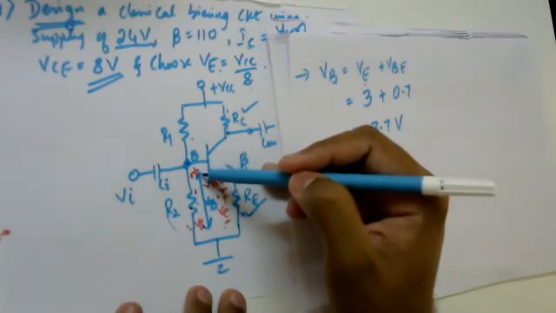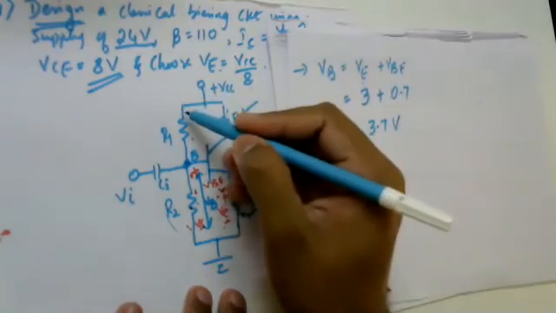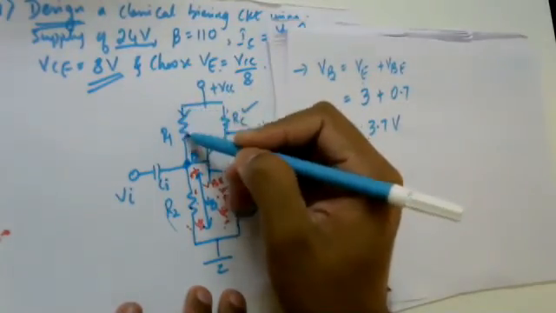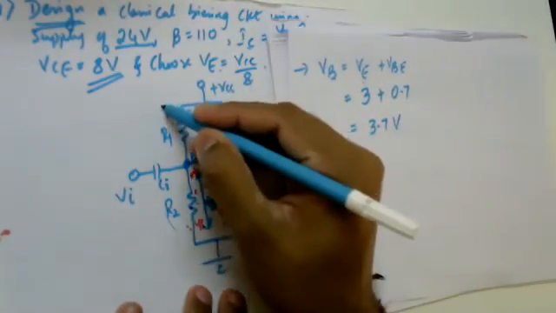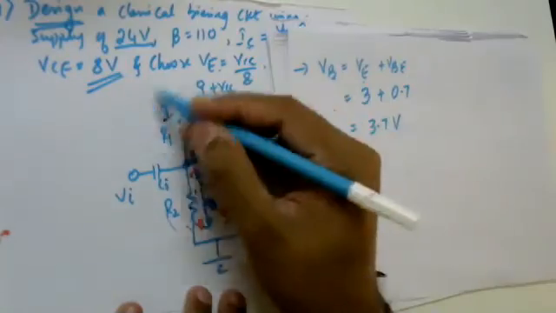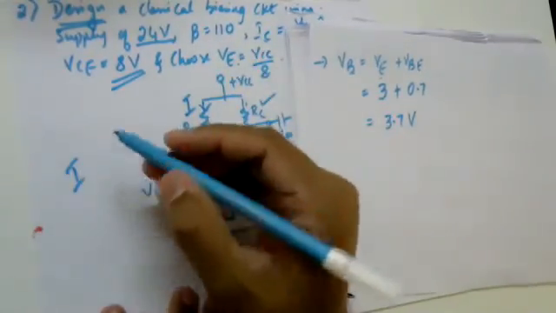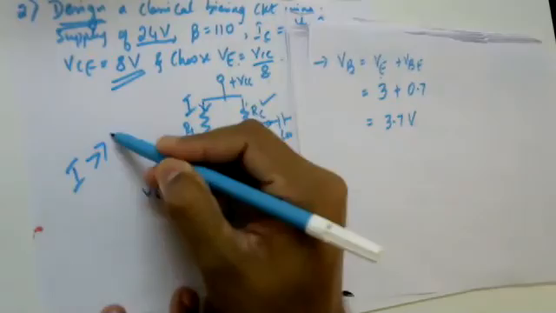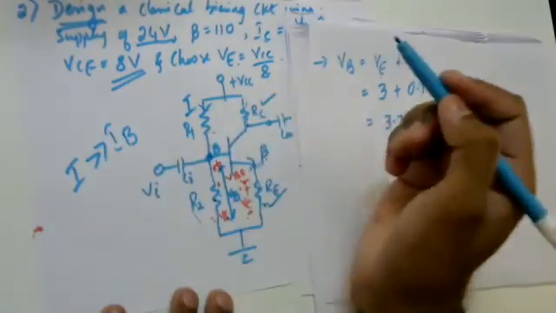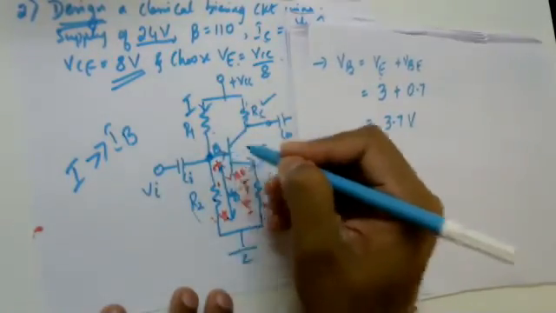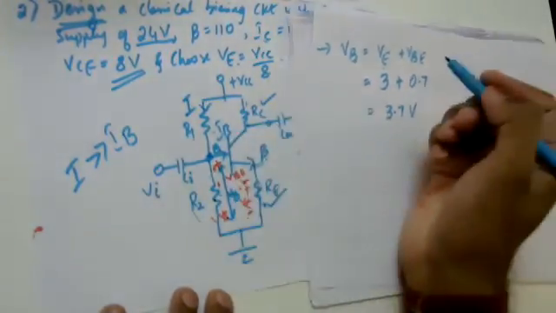Am I right? So let me say that the current that flows through this voltage divider branch, let me call it I. So this current I should be much greater than IB, the base current, which flows through the base.